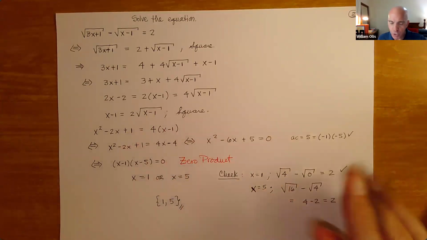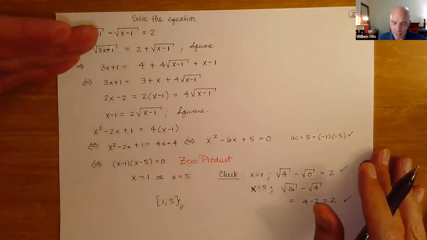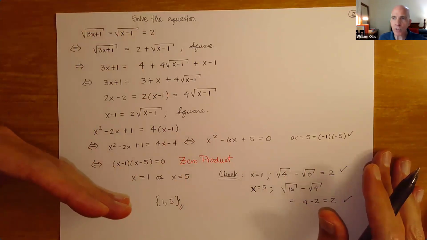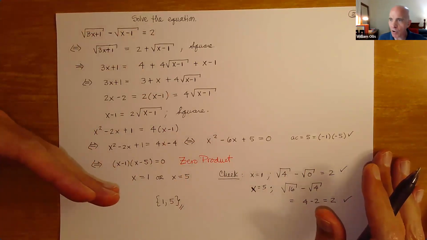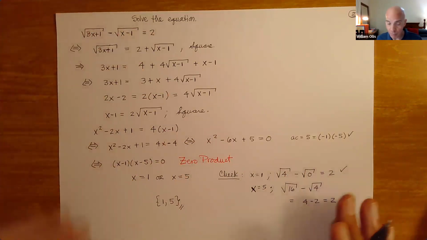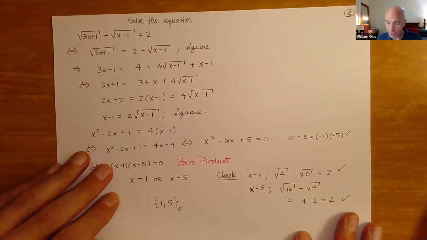So again, be sure to provide the algebraic justification for your work, even though you can sometimes stare at that equation long enough and figure out some solutions. What we want to make sure is that we get all of them, and this procedure will do that for us.